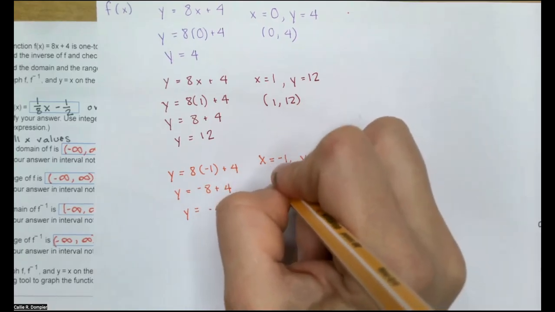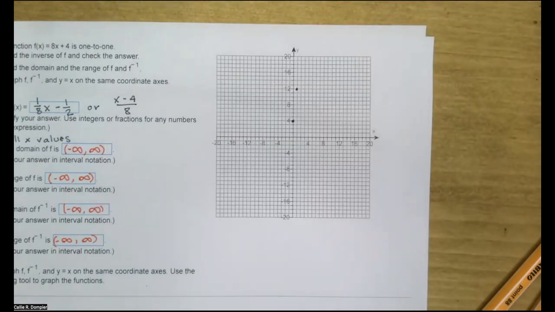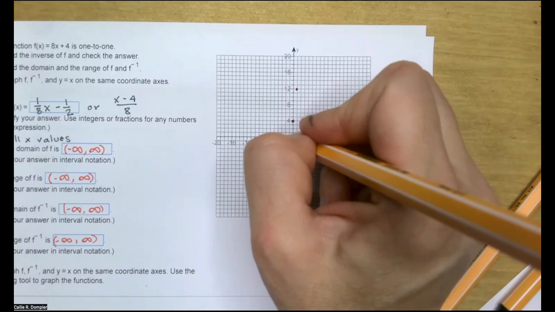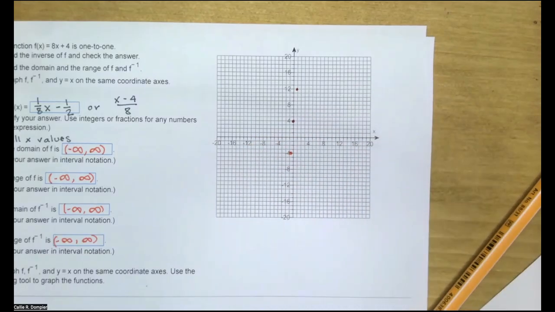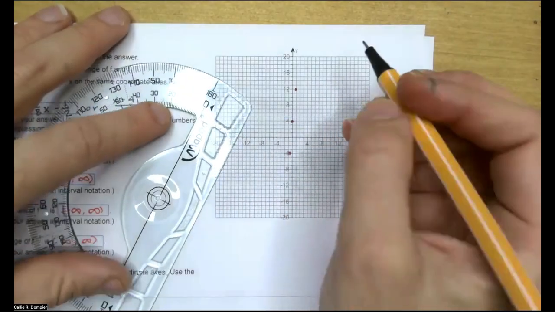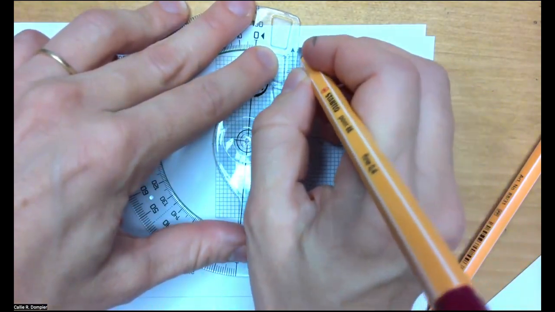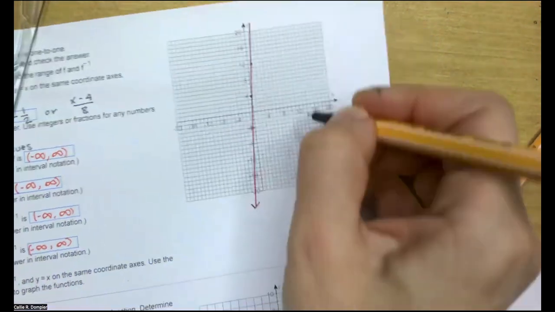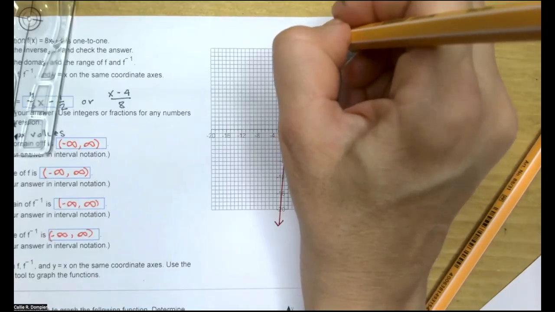So that'll be the point (-1, -4), just to make sure that those all line up. So I know I didn't make a mistake, or I'm less likely to have made a mistake. So (-1, -4), and then draw that line. And that's f of x.